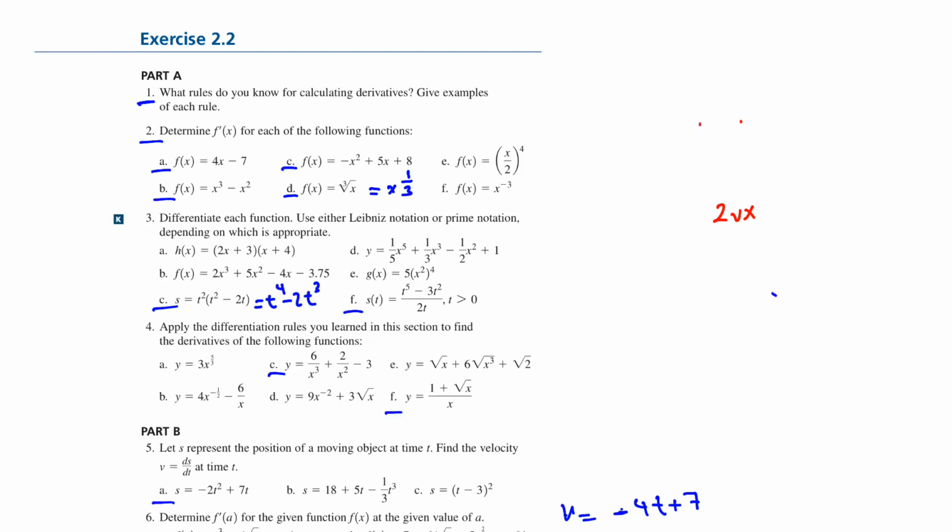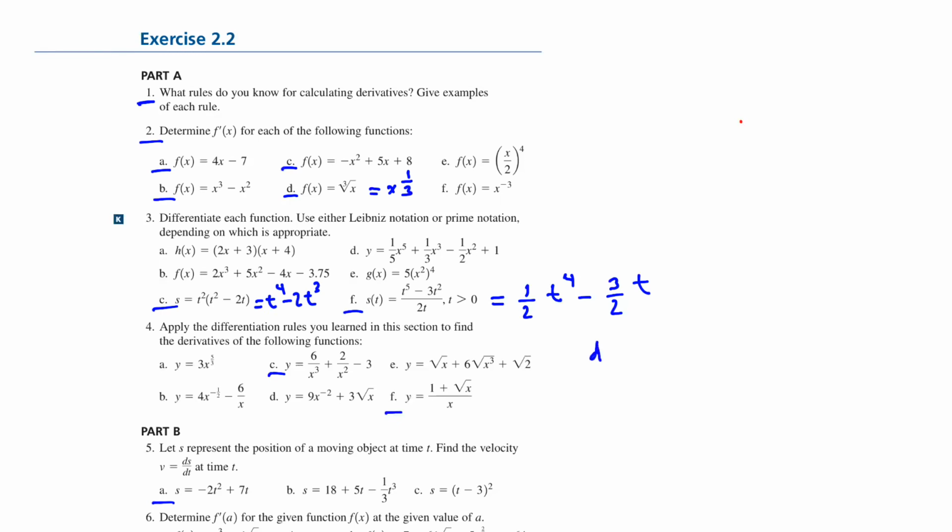Part F is the derivative of t5 minus 3t2 divided by 2t. We decompose the fraction. t5 divided by 2t is 1 over 2 t4. 3t2 divided by 2t is 3 over 2 t.